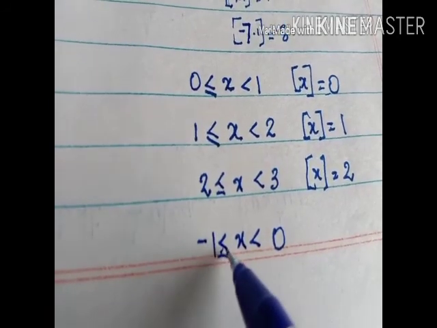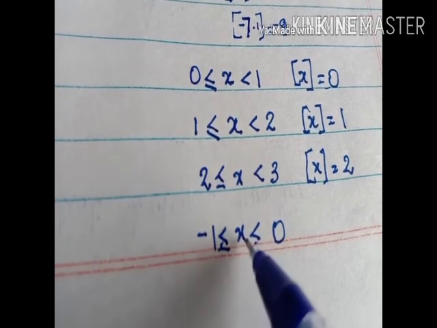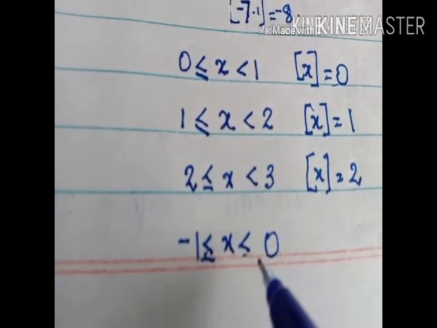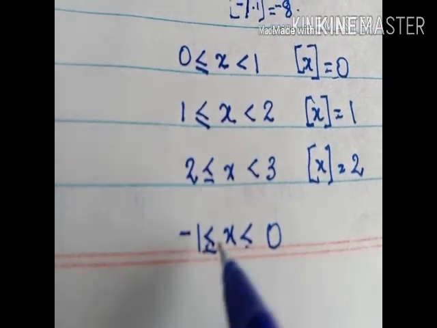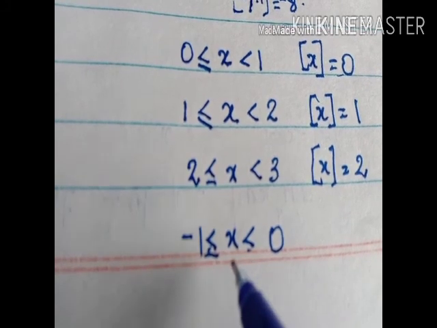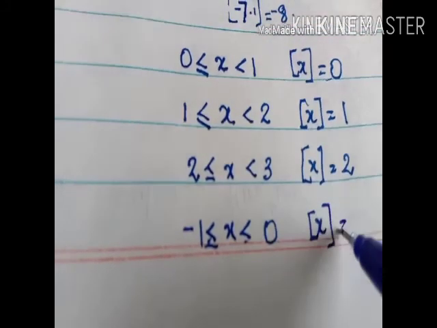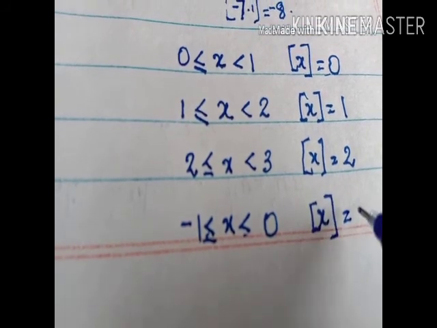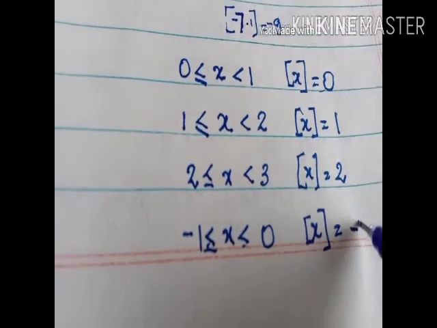If you take negative values, suppose negative 0.1, negative 0.2 and so on, negative 1 less than or equal to x less than 0 means you consider the x value in between 0 and negative 1, that is negative 0 point something. In this case, the greatest integer function becomes negative 1.